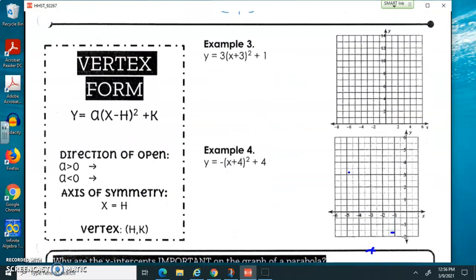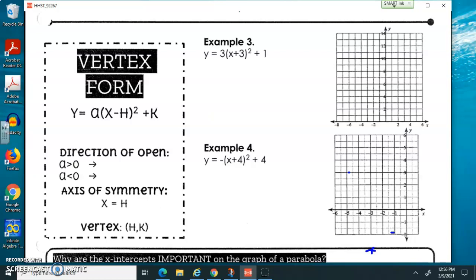Okay, if we graph in vertex form, again, if A is greater than 0, it's going to open up. If it is less than 0, it's going to open down. Axis of symmetry, x equals h. Vertex is h comma k. So the h comes out opposite every time.